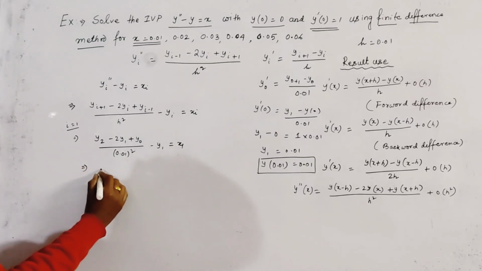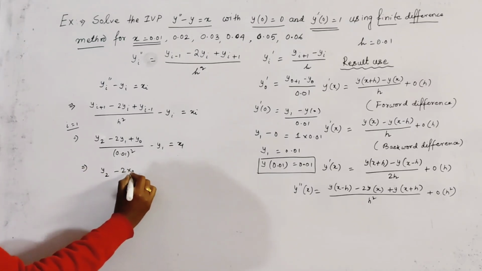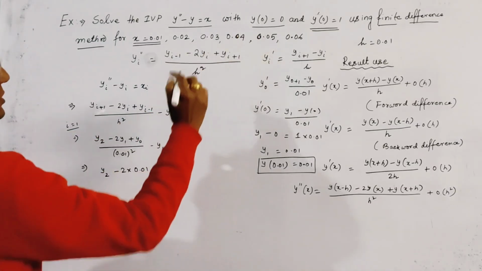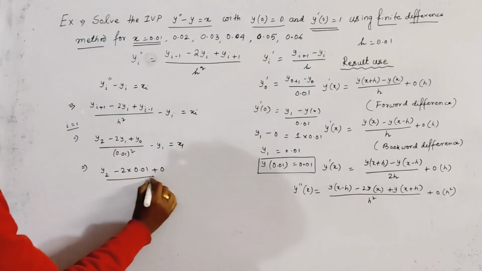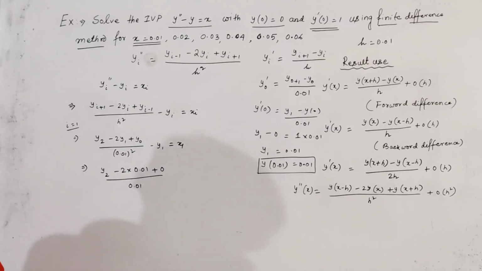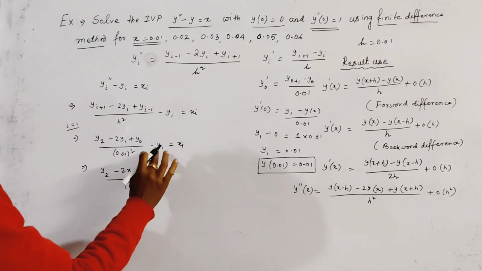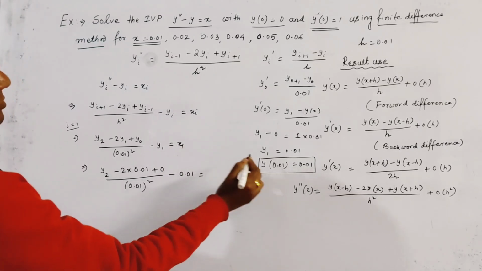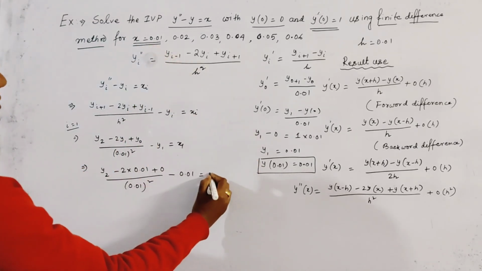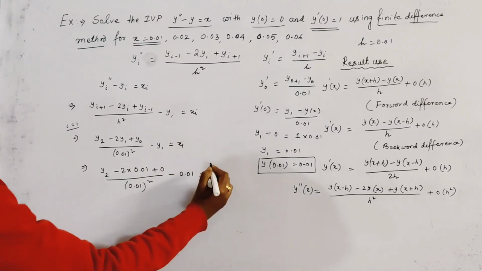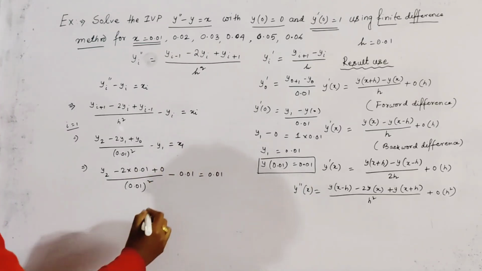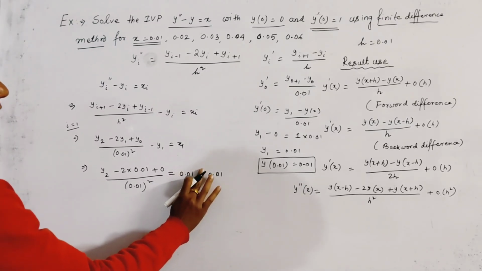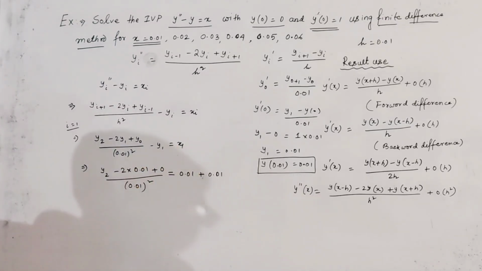So by putting all the values we get y2 minus 2 into 0.01 plus y0, which is 0, by 0.01 whole square, minus y1, which is 0.01, equal to x1, which is 0.01.